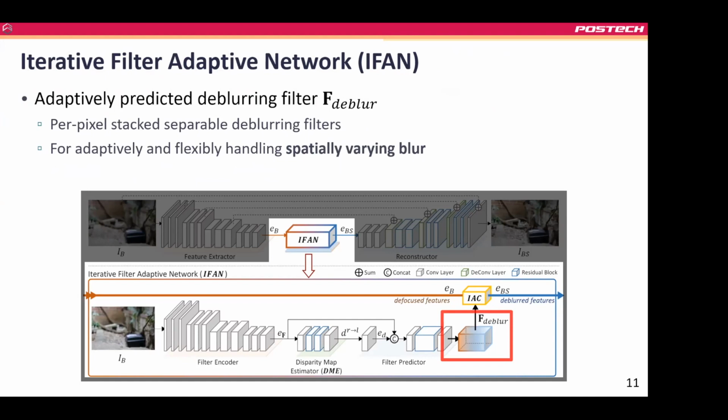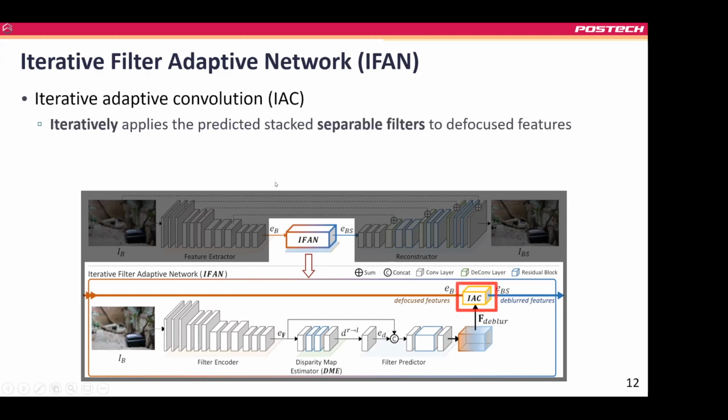Even though their shapes are similar, their size or scale will vary depending on the depth from the camera at each pixel, right? Then our predicted filter should be spatially varying. And to handle this spatially varying filter, we use iterative adaptive convolution.